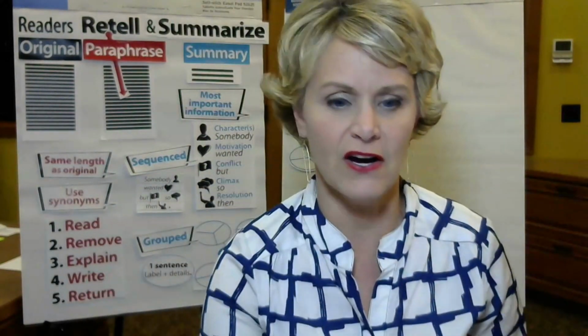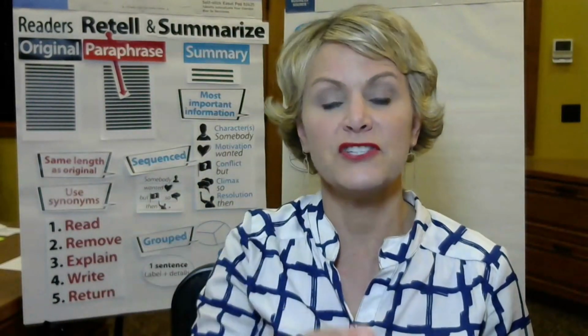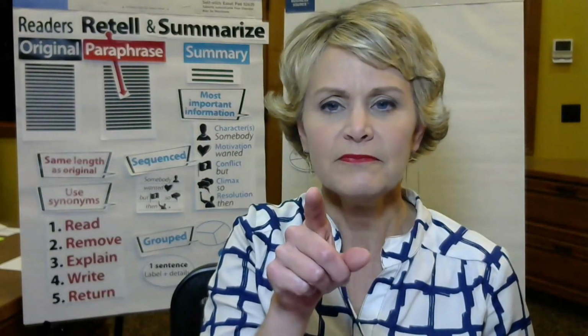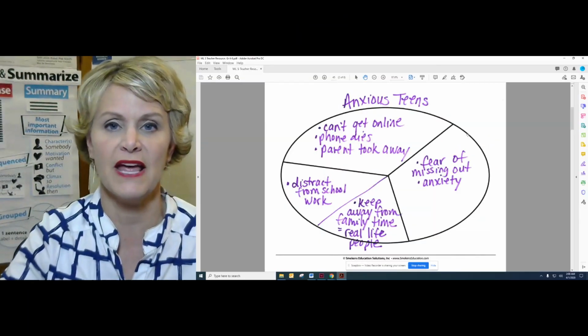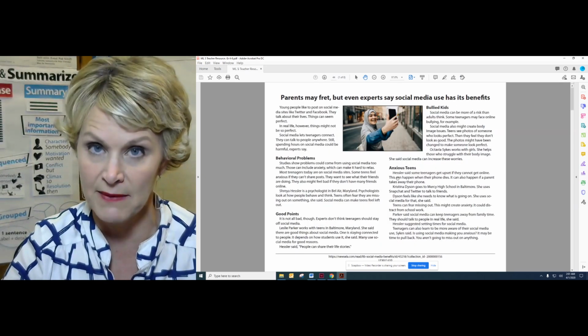Okay, so I scanned in. Remember, we did a couple of these together in our previous lesson, and then you had to do a couple on your own as your task after the previous lesson. And so I'm going to take this one. Anxious teens. See the label? Where did that come from? It came from the subhead.